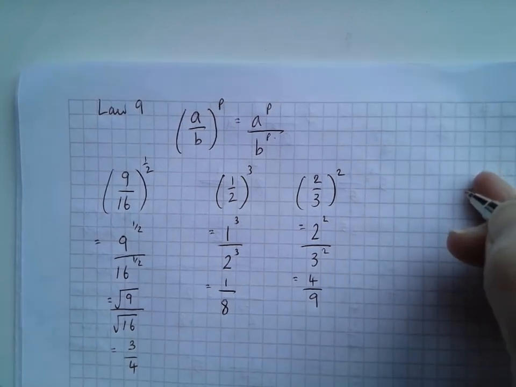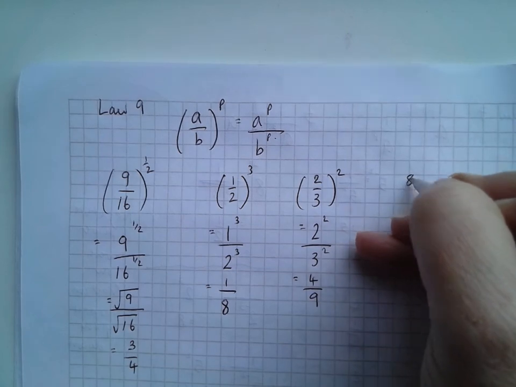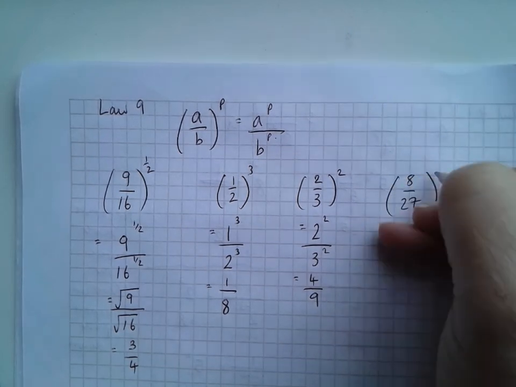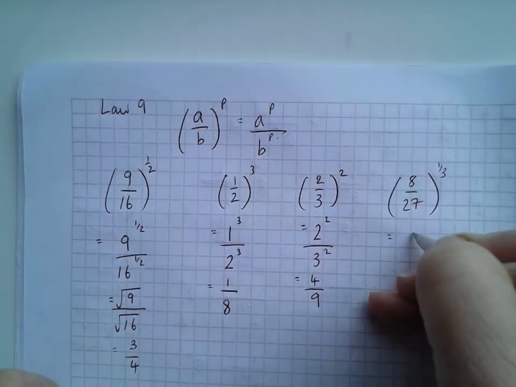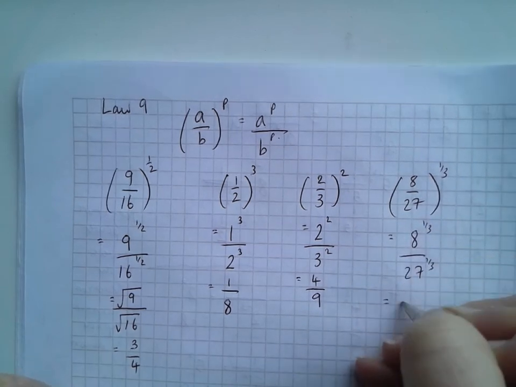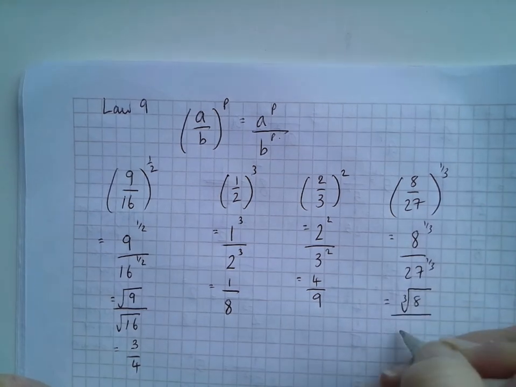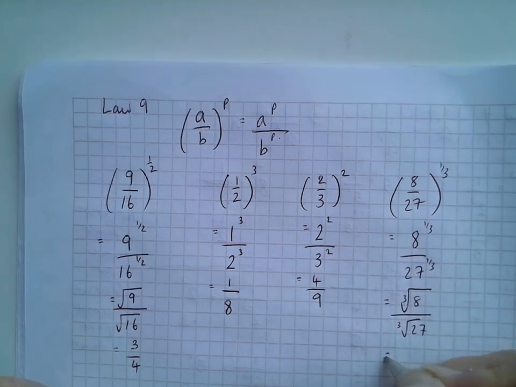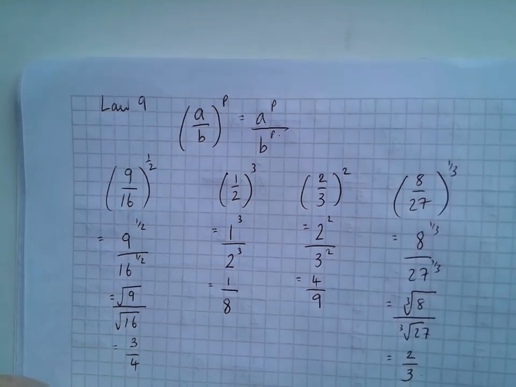Okay, hopefully this is beginning to make sense. 8 over 27 to the power of a third, so it's a bit more complicated, is the same as 8 to the power of a third over 27 to the power of a third, which is the same as the cube root of 8 over the cube root of 27, which is 2 over 3.